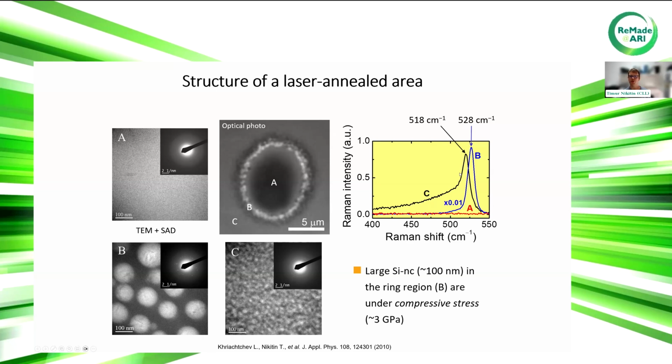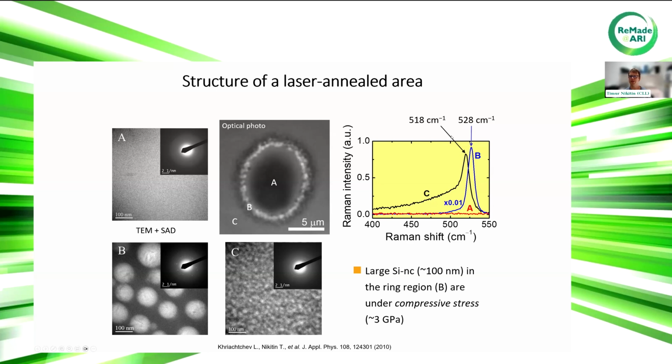which corresponds to these large silicon nanocrystals. What we notice from the spectra is that the intensity of this band is much higher than the Raman intensity from small silicon nanocrystals, about 2 orders of magnitude higher. This is due to the resonance size effect from these large silicon nanocrystals.